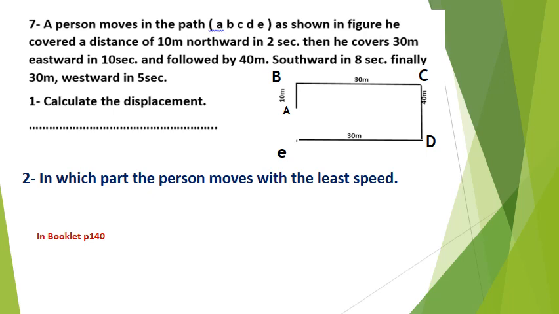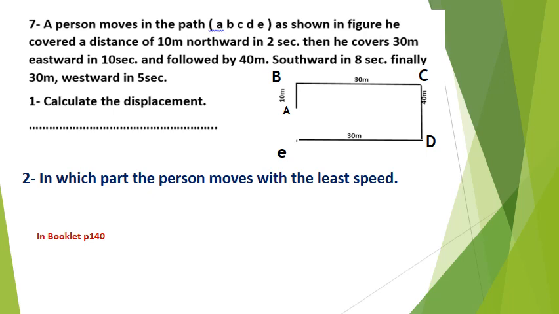So the starting point is A and the ending point is E. Again, pay attention and look at the figure. He will ask you about this problem without drawing, so you must draw your problem.